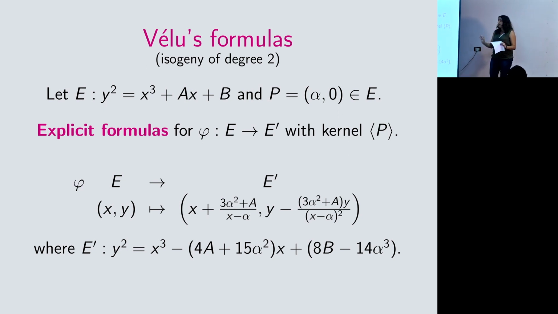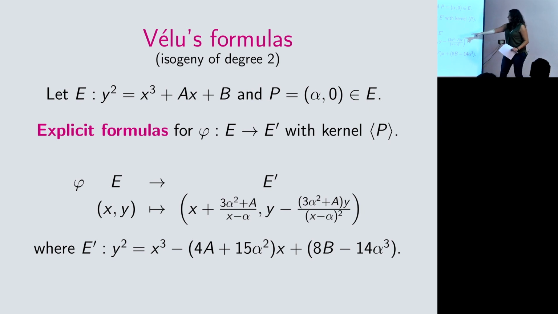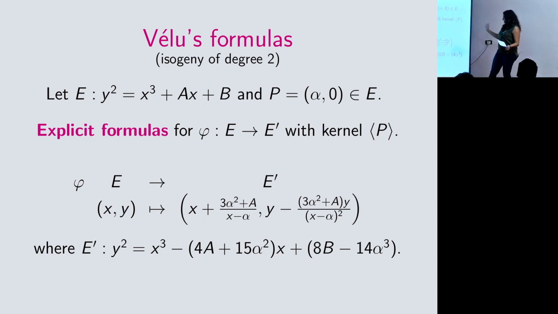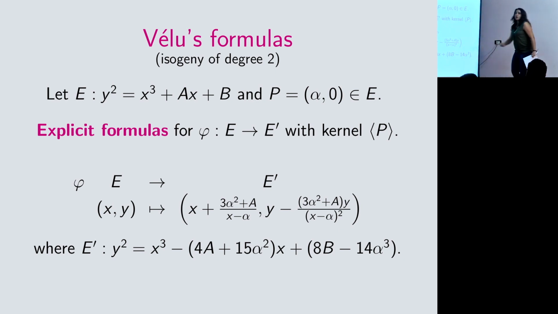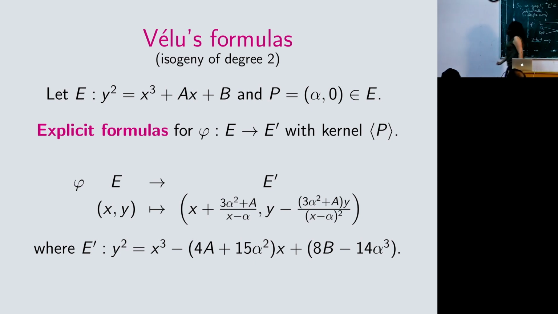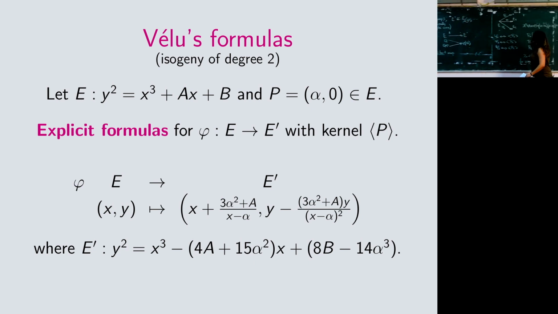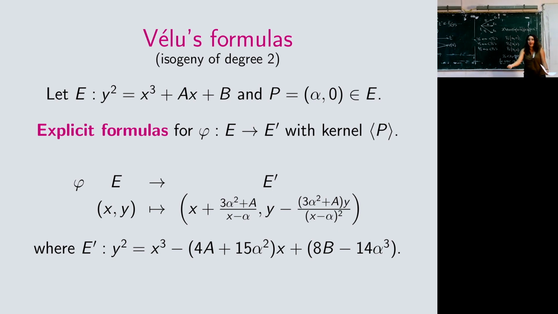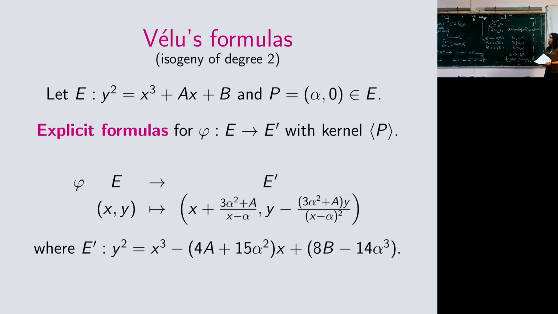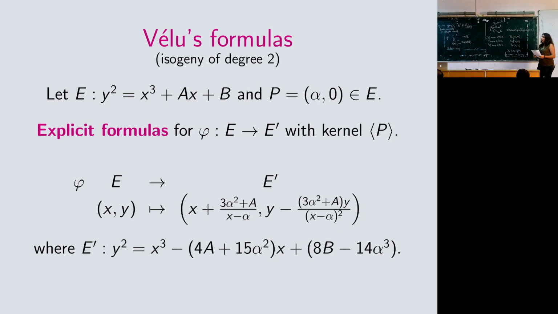You see here, everything is very explicit. We have our maps, which are in terms of alpha and A, and the curve, the codomain, can be written in short Weierstrass form. Okay? So if you know this coordinate, you basically can write down by hand your explicit isogeny and the image of your isogeny.